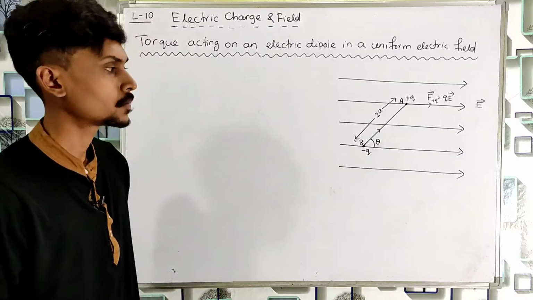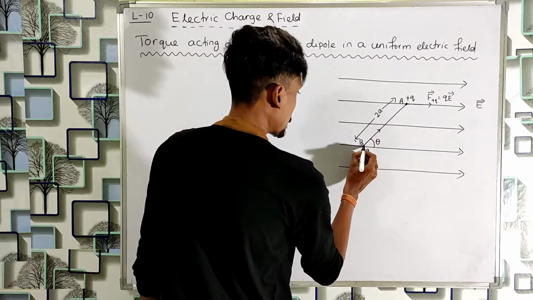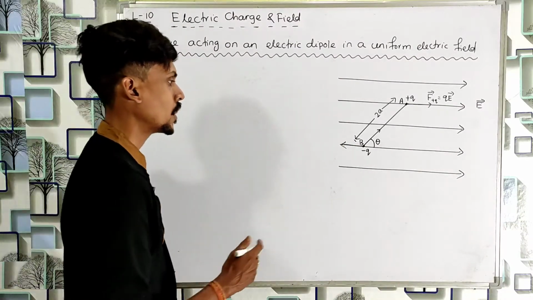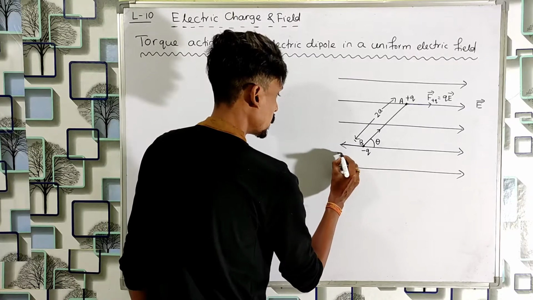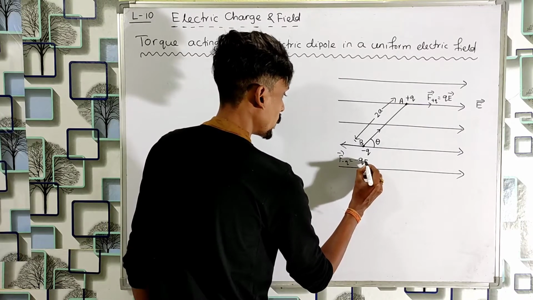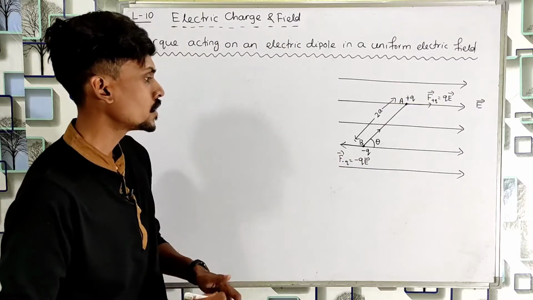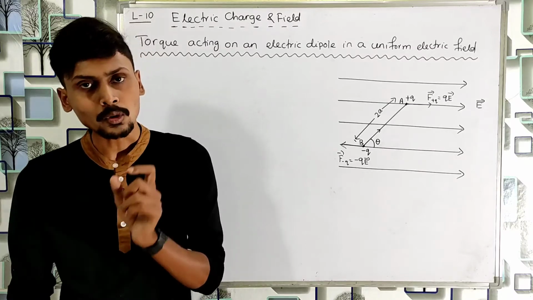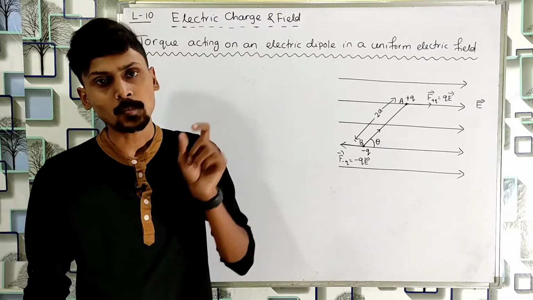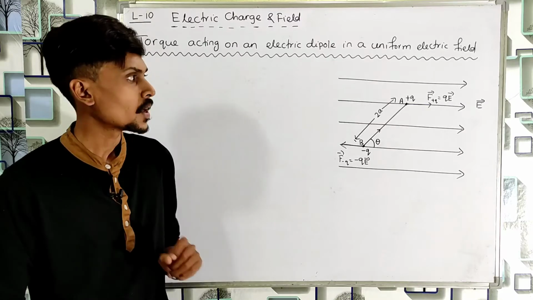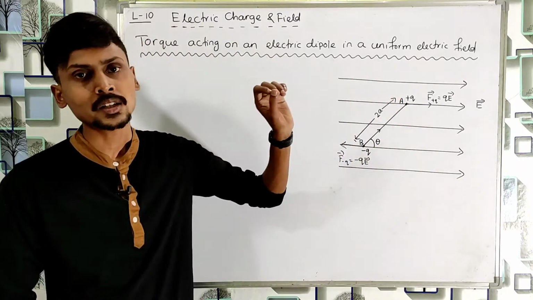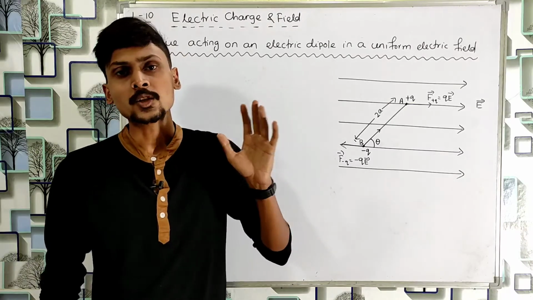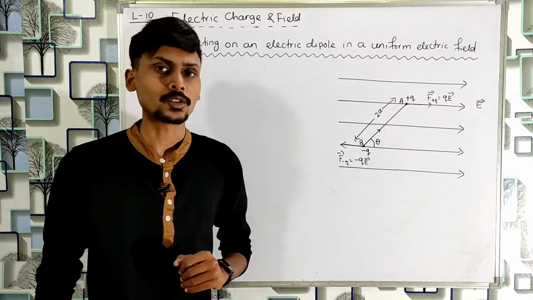Similarly, the negative charge will experience a force opposite to the electric field direction, so F minus Q vector equals minus Q into E vector. The negative sign indicates that the force on the negative charge is opposite to the electric field direction, while the force on the positive charge is along the electric field direction. So the dipole experiences two equal and opposite forces.